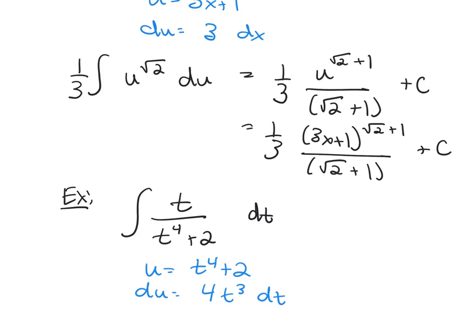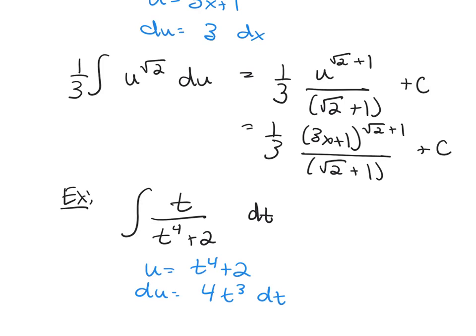What kind of function do I have in the integral? It's a polynomial divided by a polynomial. It's a rational function, right? And we've been talking a lot about rational functions this past week. We use partial fractions, right? The degree of the top is smaller, so we don't have to divide.